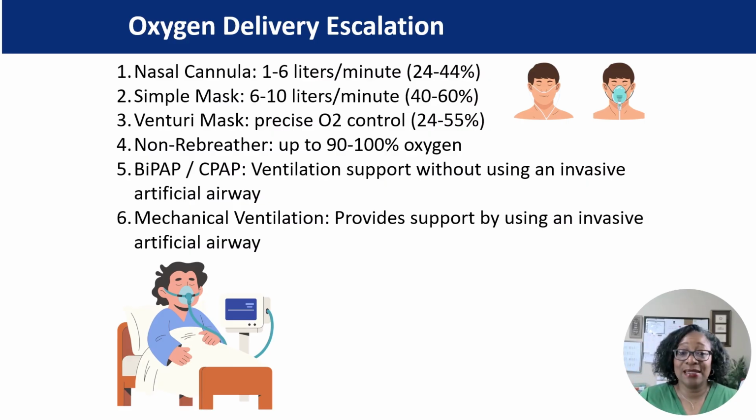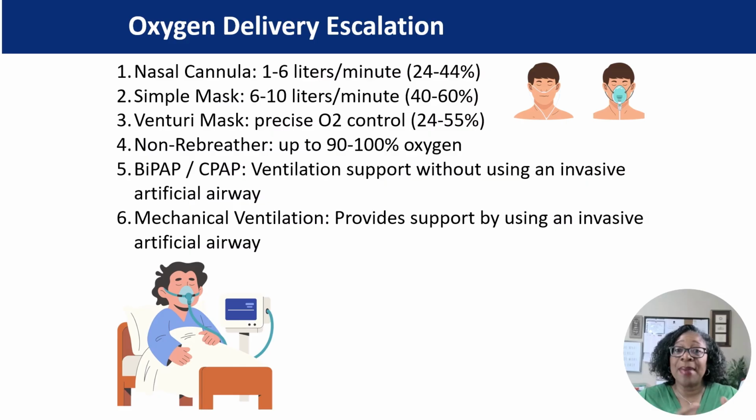Then the next would be your non-rebreather mask. Now, this can deliver up to 90 to 100% oxygen, and this is used for severe hypoxia or respiratory distress. It's often the highest level of oxygen support that can be given before intubation. Okay.